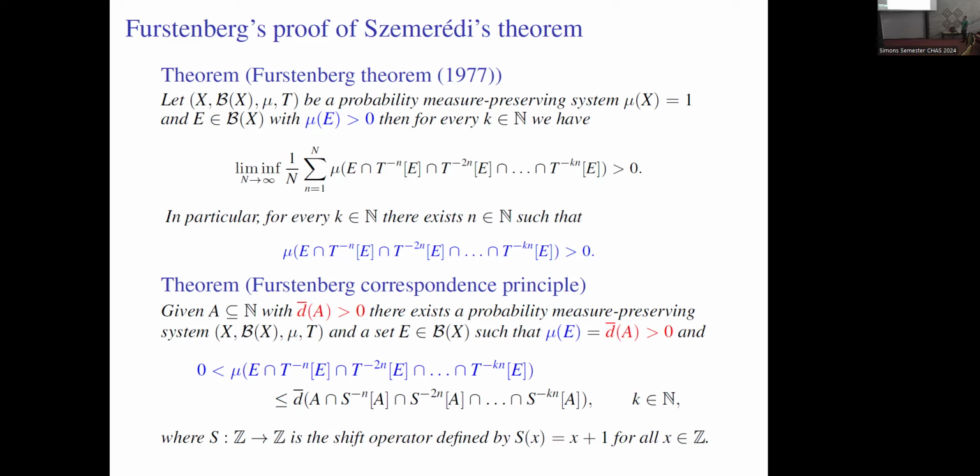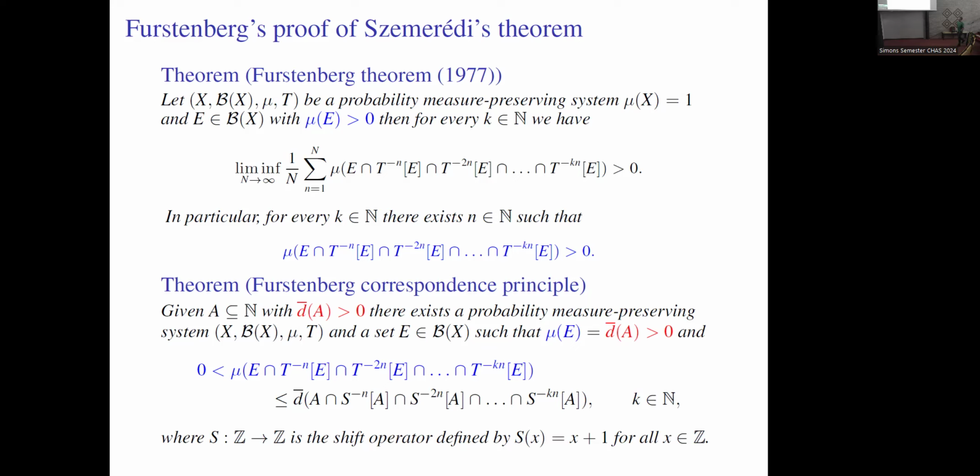And at first glance this statement looks very mysterious, but in fact the idea to construct this measure preserving system is very simple, and it comes from basic results from set theory. When we want to show that the set of subsets of integers has cardinality continuum, this is what we do: we construct a bijection between all subsets of integers and the Cantor set.